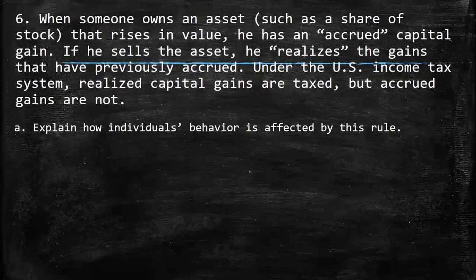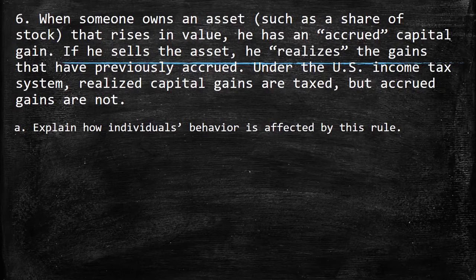So the sixth question says, when someone owns an asset, such as a share of a stock, that rises in value, what we call that is an accrued capital gain. If he sells the asset, he realizes the gains that have previously accrued.